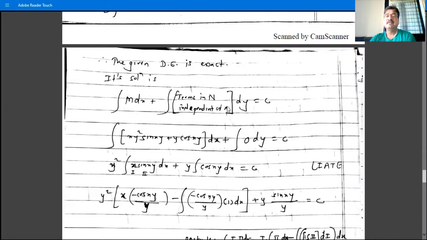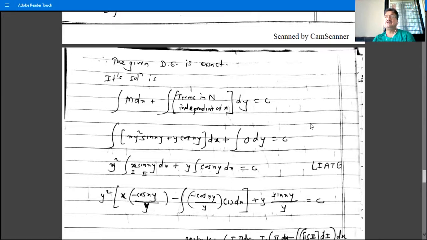What are the previous topics? The first topic is variable separable form, and its subtype is reducible to variable separable form. This is the first type. The second type is homogeneous differential equation, and its subtype is reducible to homogeneous differential equation, also called non-homogeneous differential equation.